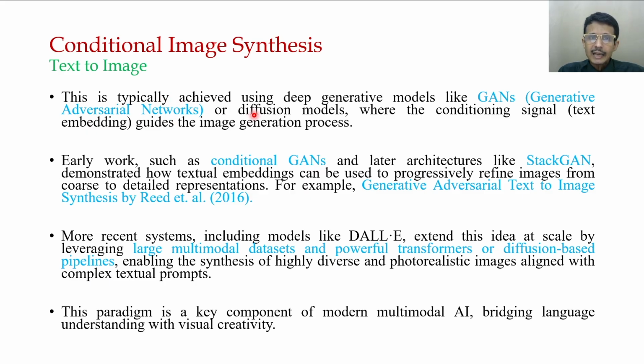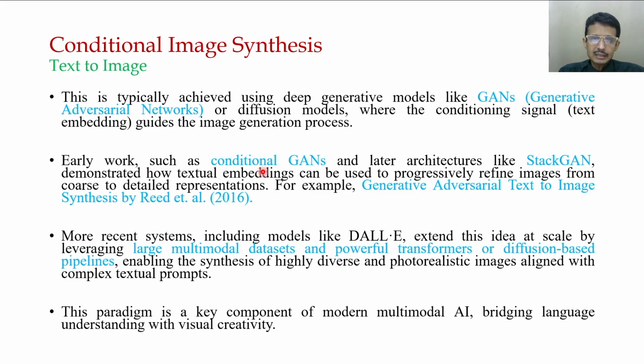Now, this is typically achieved with deep generative models, what we just said, GANs, the generative adversarial networks, or diffusion models, where the conditioning signal, here the text embedding, guides the image generation process. So, in conditional GAN, what we have seen before, some condition is given, and that condition is given by virtue of this text embedding, by some text or prompt.